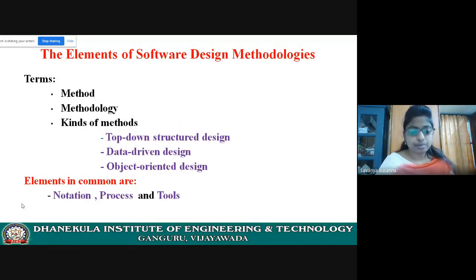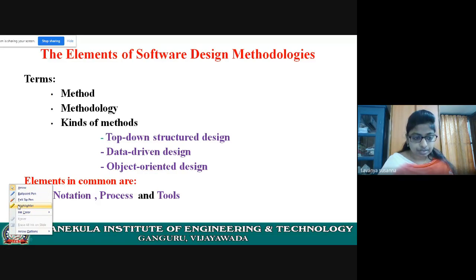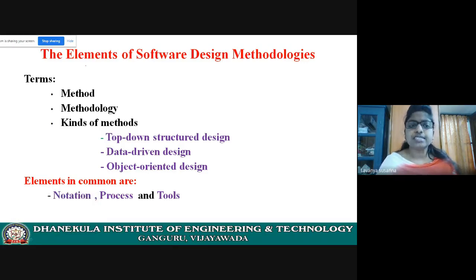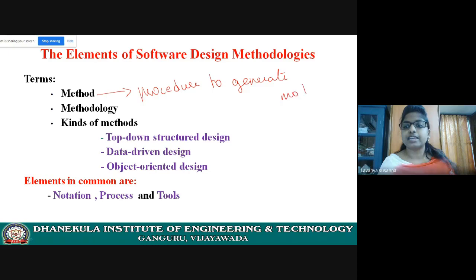Let us see the elements of software design methodologies. Listen carefully. Before discussing the elements of software design methodologies, first you need to know what a method is. A method is a procedure to generate a model.